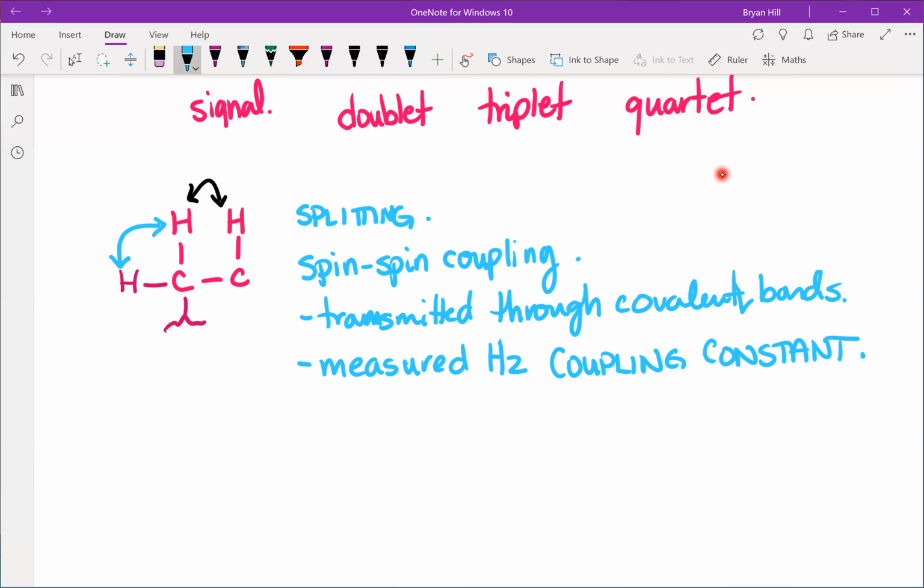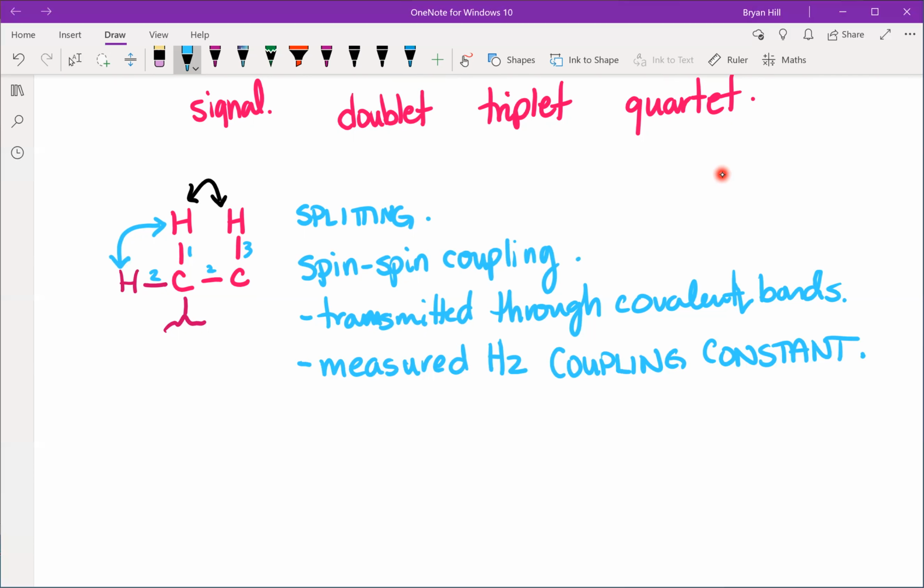Because it's transmitted through sigma bonds, depending upon how many bonds there are between where the protons are, so in this case with the black line, there's 1, 2, 3 bonds, that's got a specific type of name to it. And in the case with this blue line here, it's transmitted through 2 bonds, so it's got a completely different name.